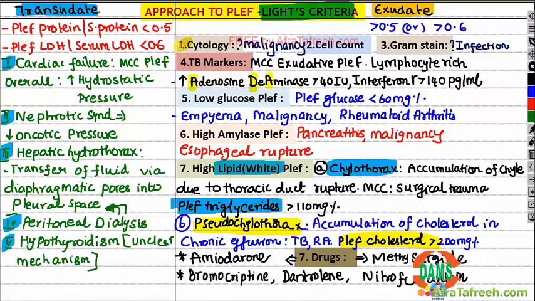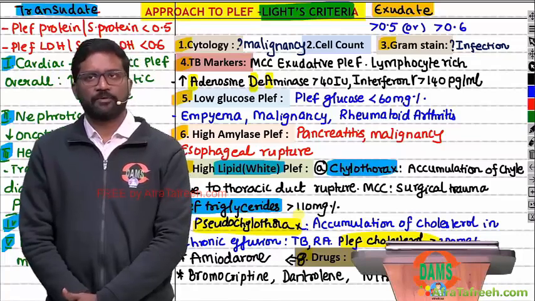So you have to look for any possibility of malignancy, infective etiology, TB etiology, any possibility of high amylase pleural effusion, any possibility of low glucose pleural effusion, any possibility of high lipid pleural effusion, any possibility of drug intake by the patient. So if you go through this algorithm, you will finally identify the etiology of the pleural effusion. Now once you effectively treat that etiology, the pleural effusion can also be managed appropriately.